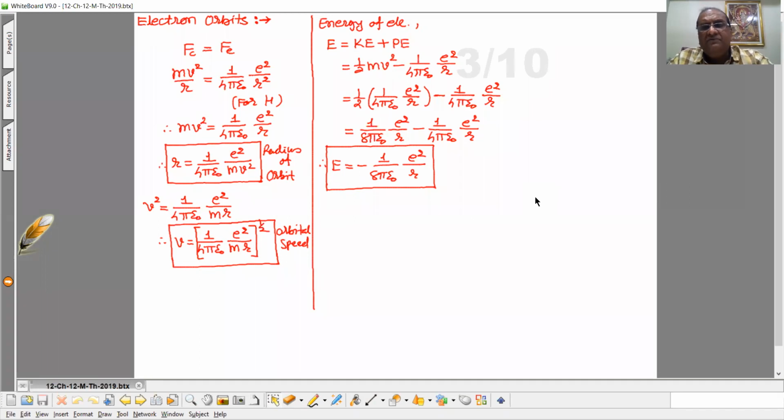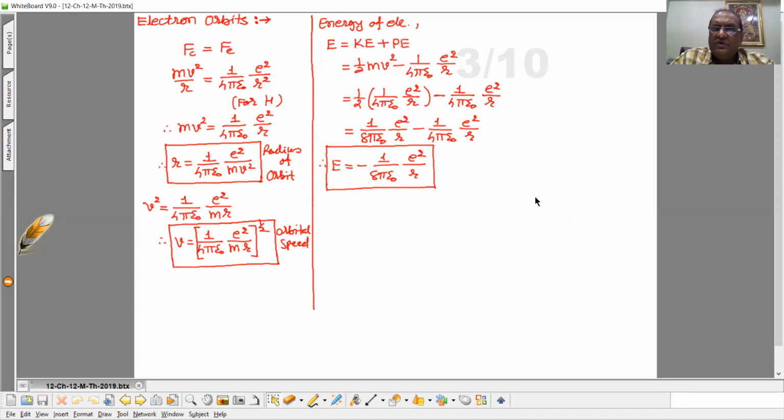Now, if we consider the case of the hydrogen atom, which is the simplest type of atom, there is one proton in the nucleus and one electron revolving around it. So Z, the atomic number, is 1.